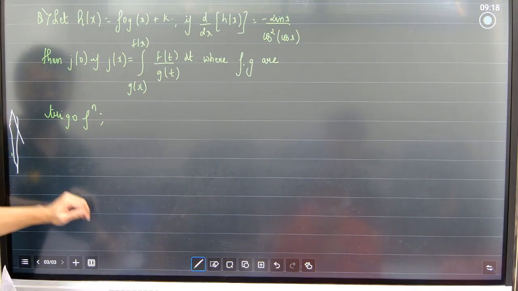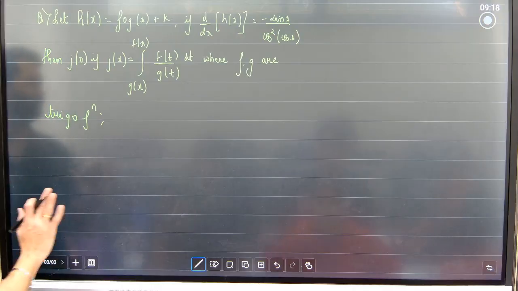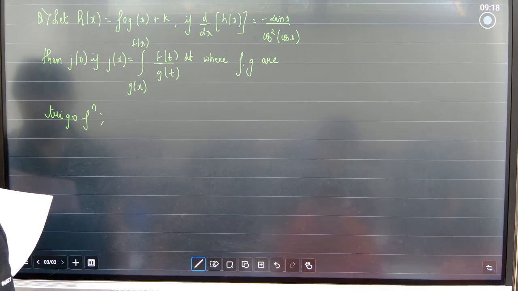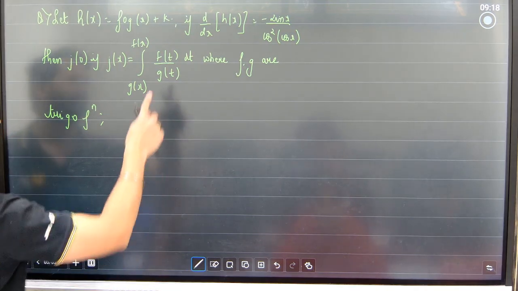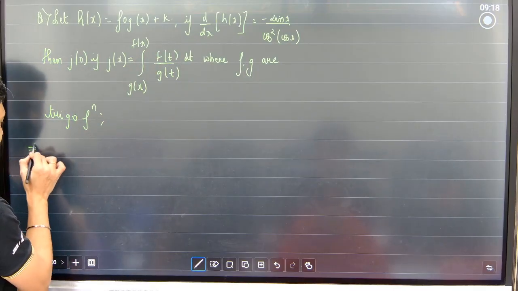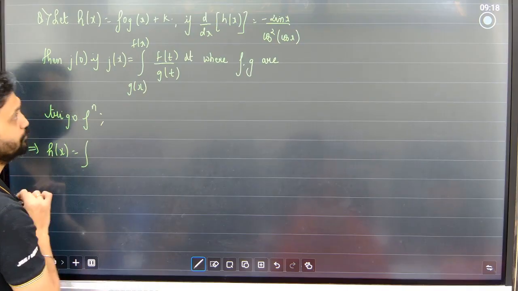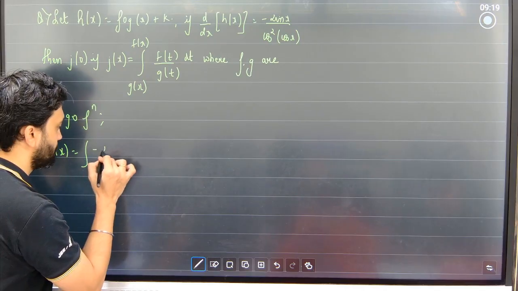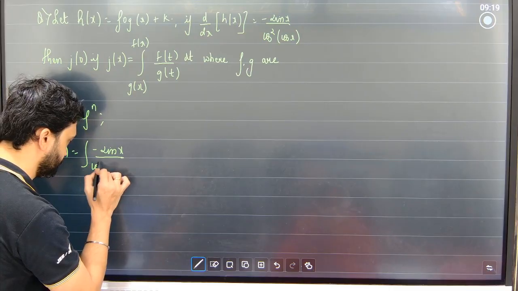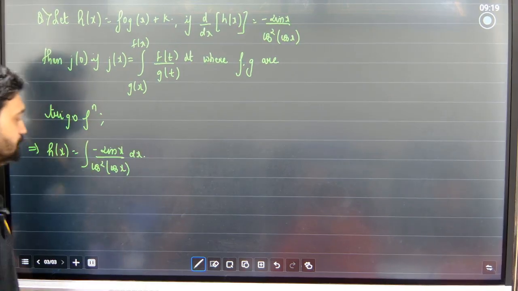अब इसमें से ना एक चीज़ बहुत ऑब्वियस आ रहा है, डी बाई डी एक्स ऑफ एच ऑफ एक्स इज इक्वल टू माइनस साइन एक्स अपॉन कॉस स्क्वायर एक्स. कुछ नहीं, when differentiation goes from one side to another, it becomes integration. So what I'll do is h of x is equal to integration minus sin x upon cos square cos x dx.